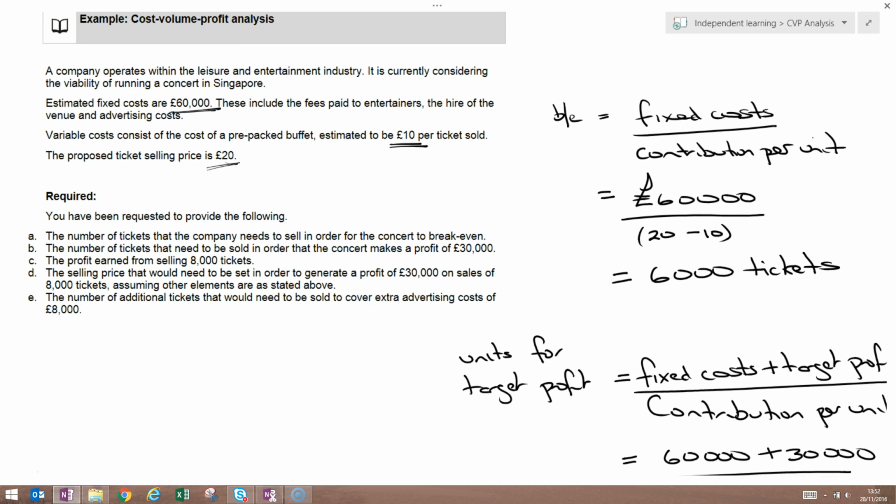Part C is asking us about the profit that we would earn from selling 8,000 tickets. So no formula needed for this. This is just a profit calculation. And the easiest way to do this is to start with your unit contribution. From that, work out your total contribution, then deduct the fixed costs, and you would be left with the profit. So we're selling 8,000 tickets, and we know that the contribution per ticket is £10.